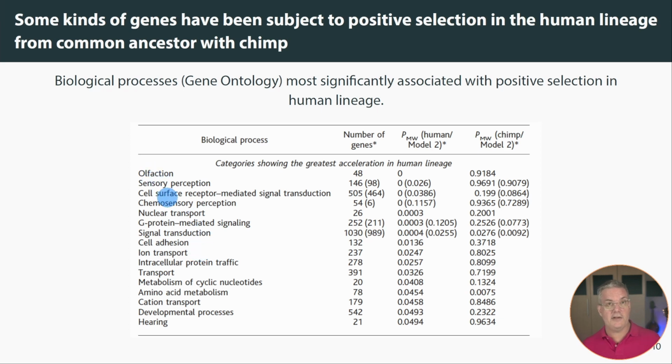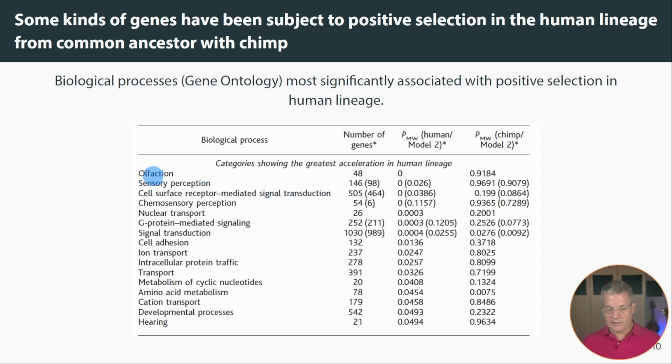These sensations really do make a difference. Just last week the Nobel Prize was awarded to scientists for the discovery of hot and cold and pressure sensation, a molecular description of that. So this is what we see.